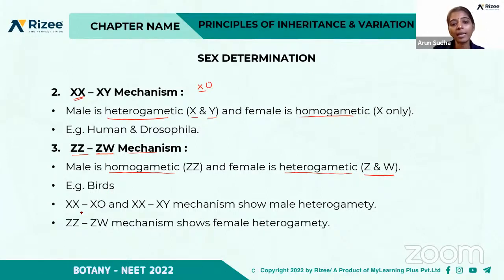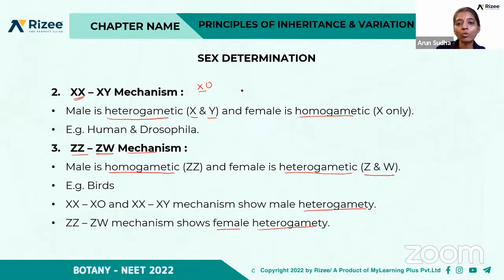So here the XO and XY mechanism shows male heterogamety, whereas ZZ and ZW mechanism shows female heterogamety. So you're able to follow, right, what is homogamety and what is heterogamety.